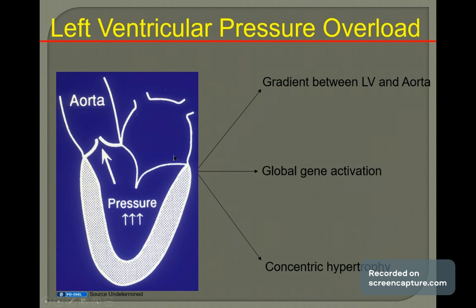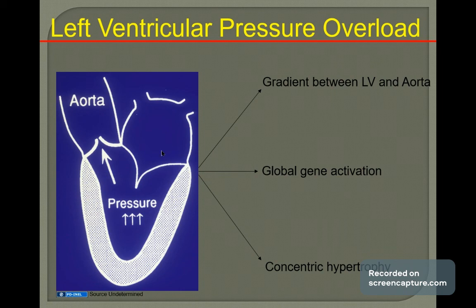So the cycle is the same. The cycle starts here in the case of aortic valve disease, and in mitral disease the cycle starts from the mitral area, and the same process follows. All the symptomatology depends upon this.